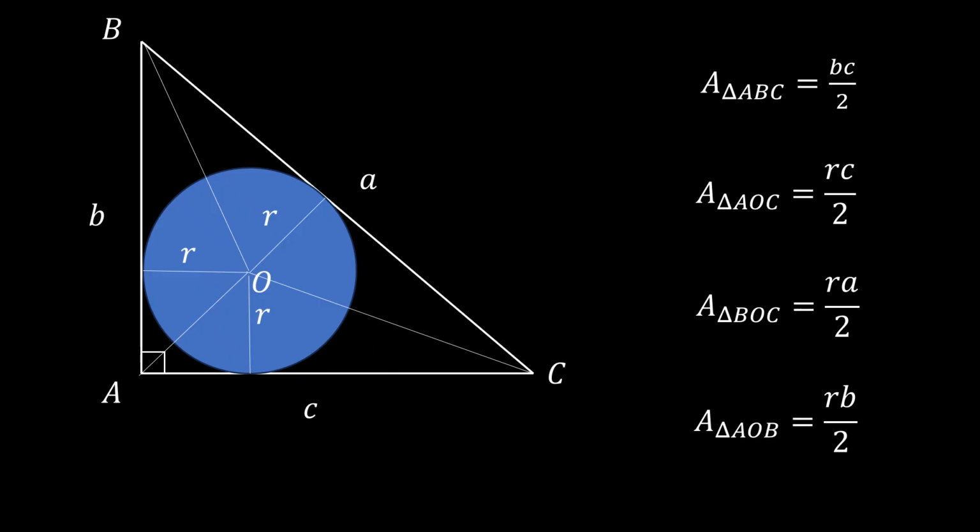Each of these triangles has one side equal to the radius r of the inscribed circle, and another side equal to one of the sides of the main triangle. Therefore, the area of triangle AOC is 1/2 times r times c. The area of triangle BOC is 1/2 times r times a, and the area of triangle AOB is 1/2 times r times b. This setup prepares us to sum these three smaller areas and equate them to the area of the main triangle, allowing us to solve for the radius r in terms of the sides A, B, and C.